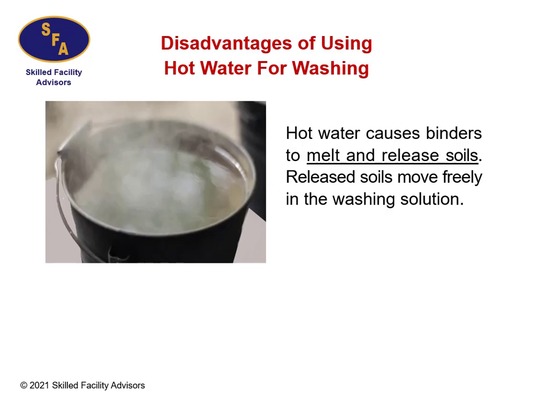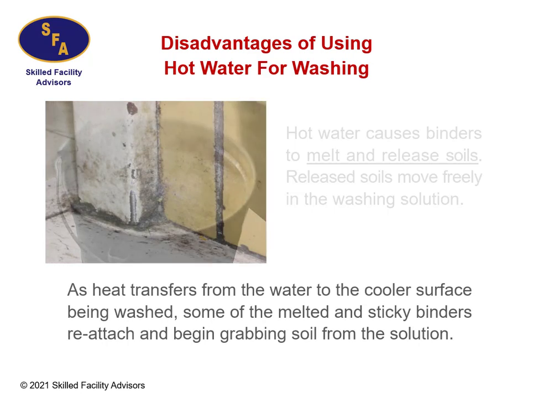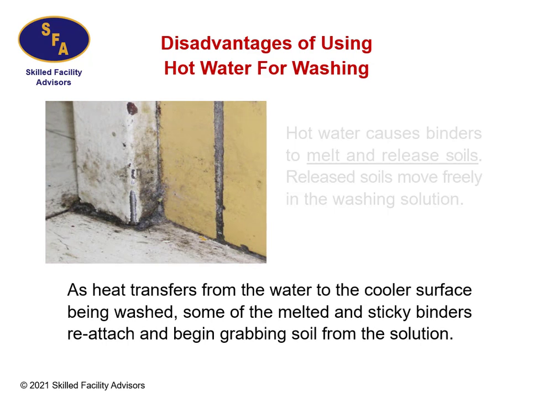The disadvantages of using hot water for washing are that hot water causes binders to melt and thus release the soils they're holding. Released soils will then move freely in the washing solution. As the heat transfers from the water to the cooler surface being washed, some of the melted and sticky binders will reattach and begin grabbing soil from the solution.